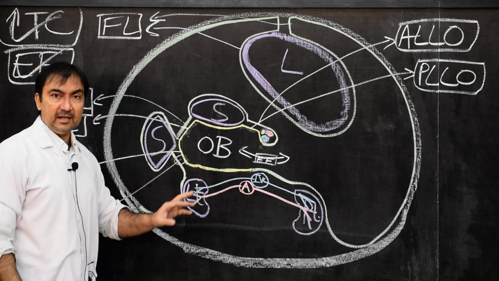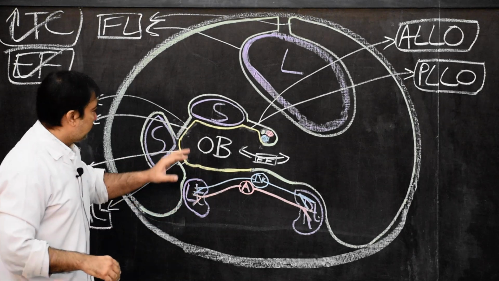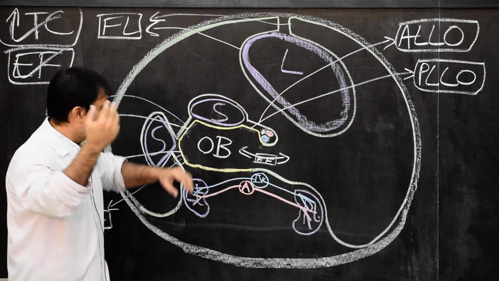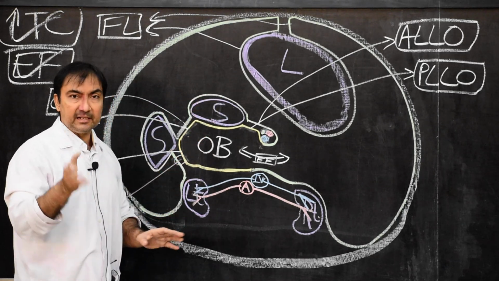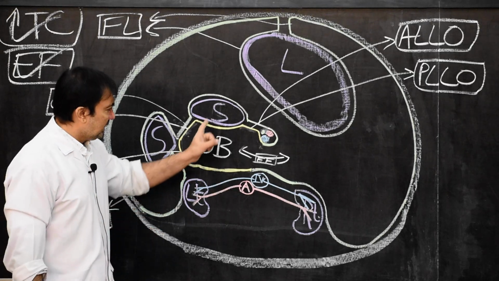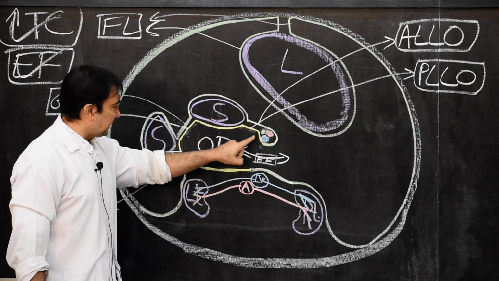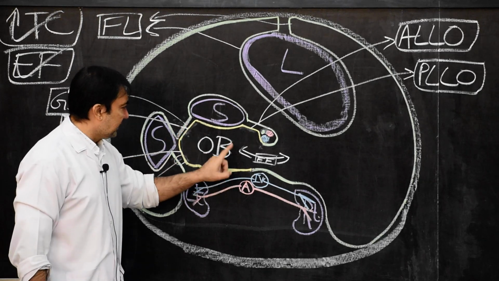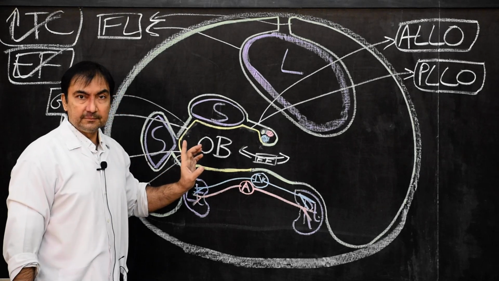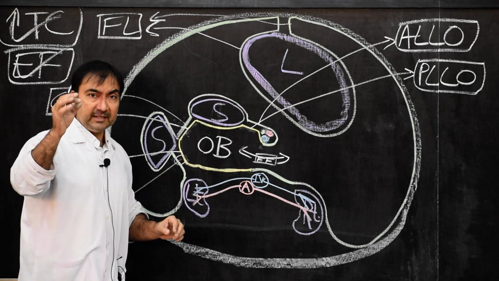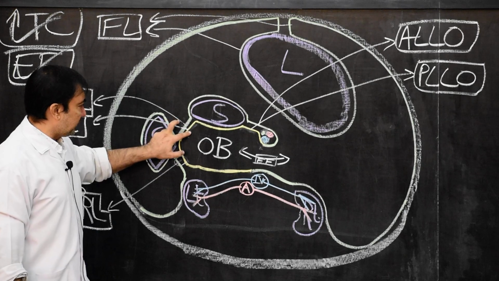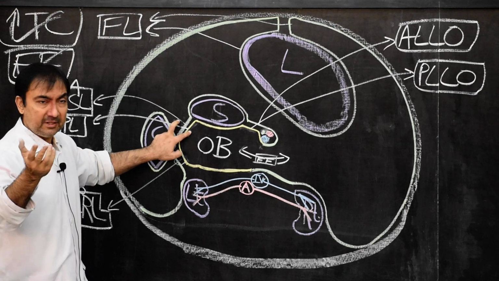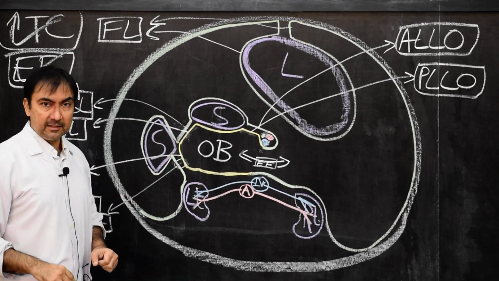How these two layers are derived, and from which portion of the peritoneum, either lining the greater sac or lesser sac, and how the greater sac lining becomes continuous with the lining of the lesser sac. This is the lining of the lesser sac and the remaining is the greater sac. And please note down the two layers of the gastrosplenic ligament, from which portions they are derived, either greater sac or lesser sac, and the lienorenal ligament.